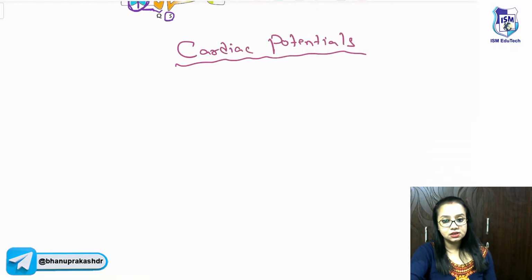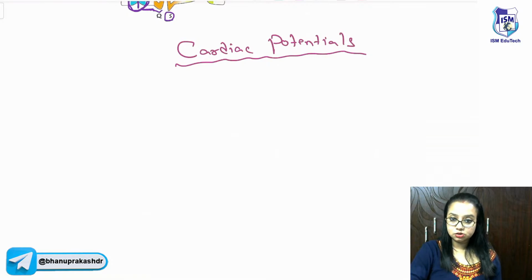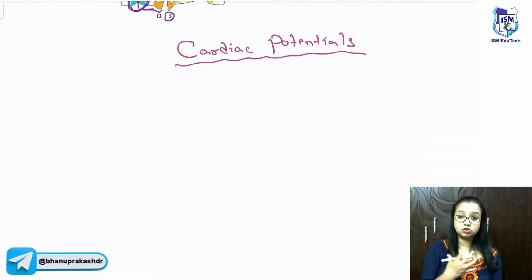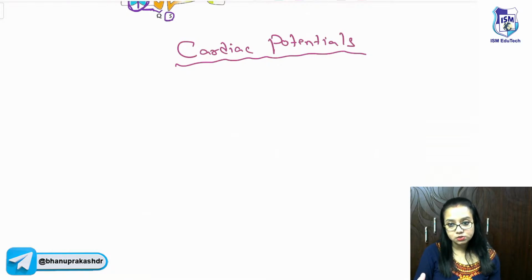Just now we have seen that though the heart is a single structure, not all the structures of the heart are structurally and functionally similar, right? Overall, all of them are undergoing electric response and showing mechanical response, right? But still there is some difference in the conduction, in the generation of impulse. That is because the action potentials generated in the structures of the heart are not of one type.